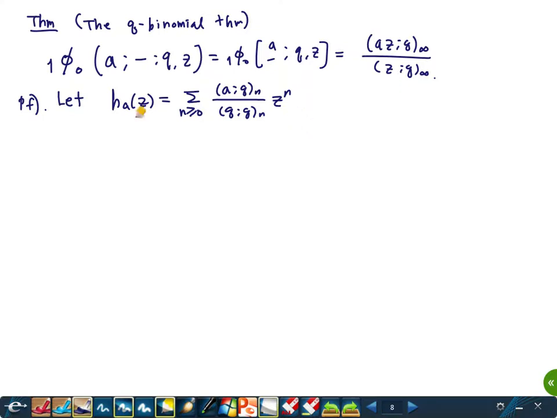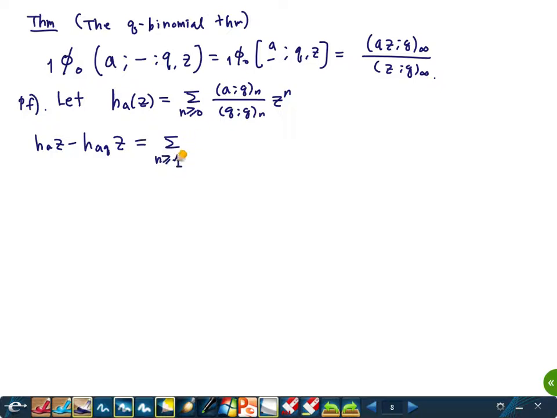Now we will make some recurrence relation. So first consider H_a(z) minus H_a(qz). We will consider the difference of these two, as a summation over n.